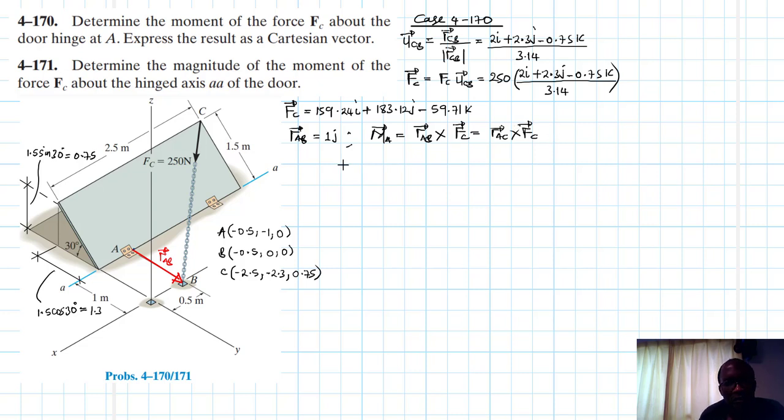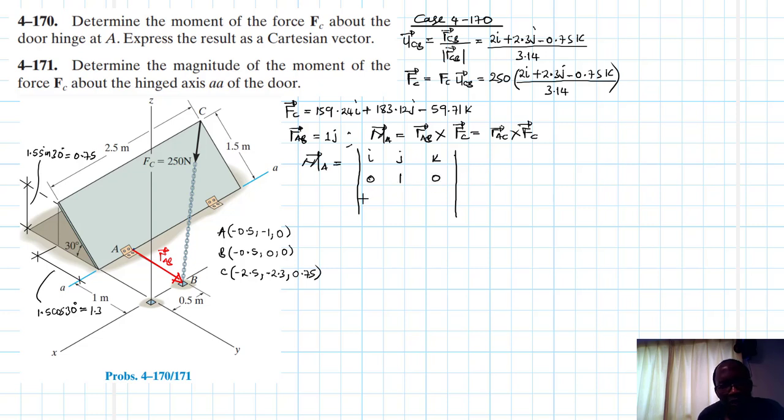So therefore our MA is just going to be equal to, using this particular tool, we have I, J, K, RAB, it is just a 1, so it's 0, 1, 0.